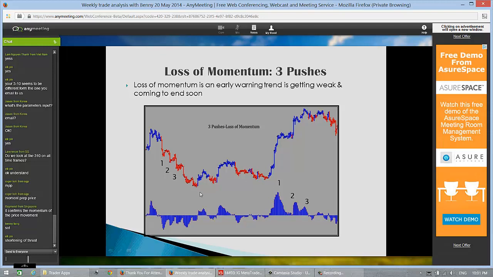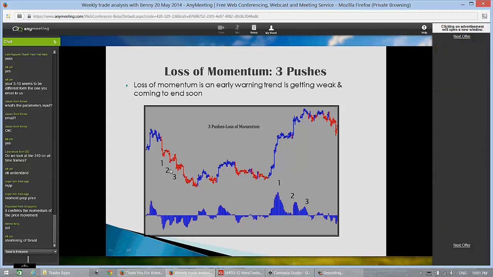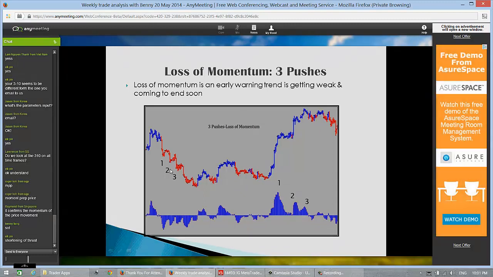But what we can do is use this kind of divergence in my trade. In my own terms, I call it 3 pushes or loss of momentum. When we see the loss of momentum, especially when we want to do a counter trend trade, I like to see a shortening of the thrust, SOT, or the 3 pushes. That is the first thing which I like to see.